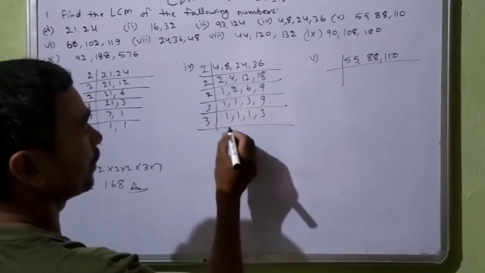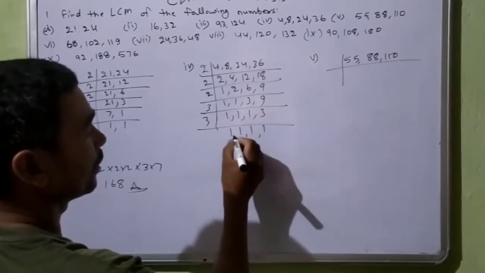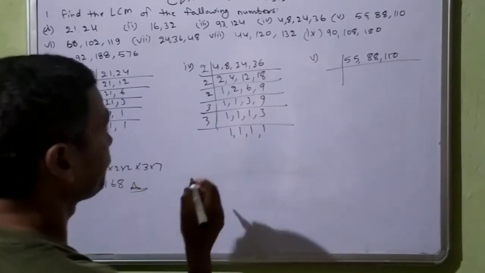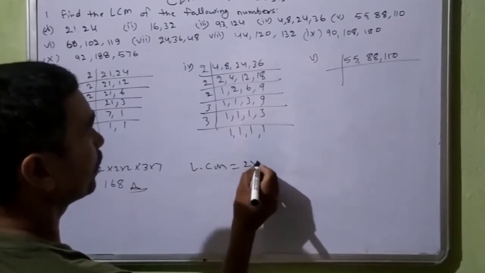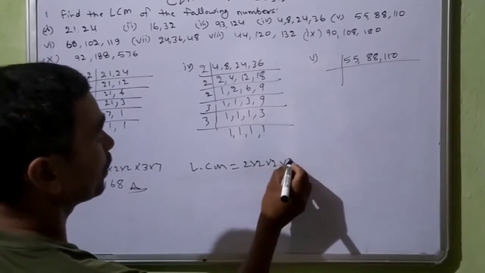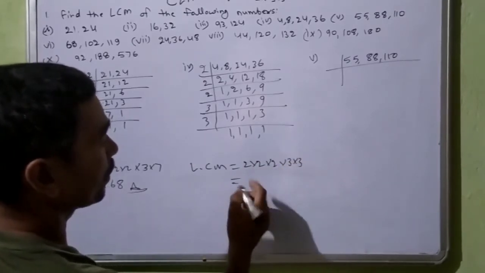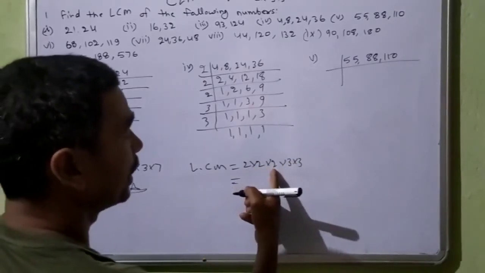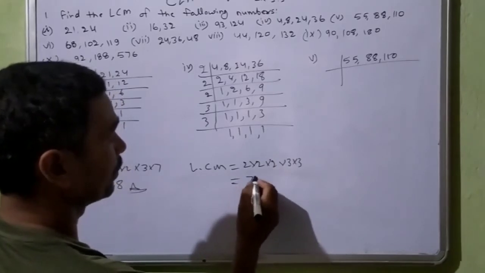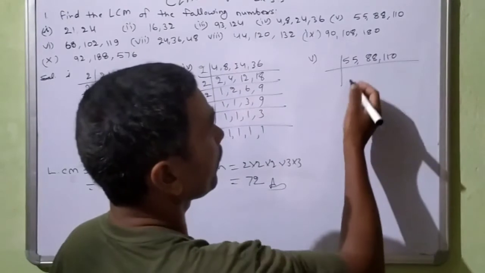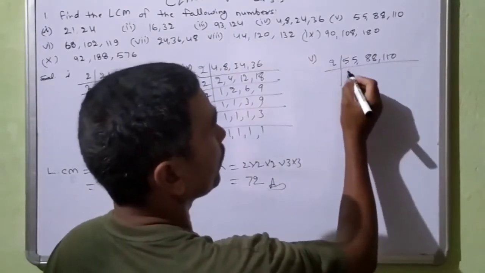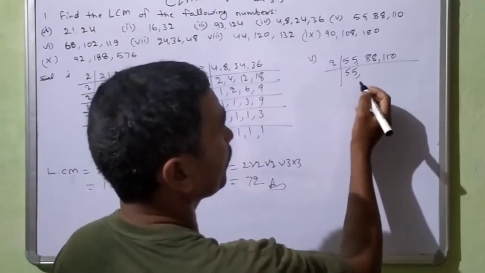Then 3, 1, 1, 1, 1. Now LCM is equal to 2 into 2 into 2 into 3 into 3, which is 2 twos are 4, 4 twos are 8, 8 nines are 72. So that is the answer.